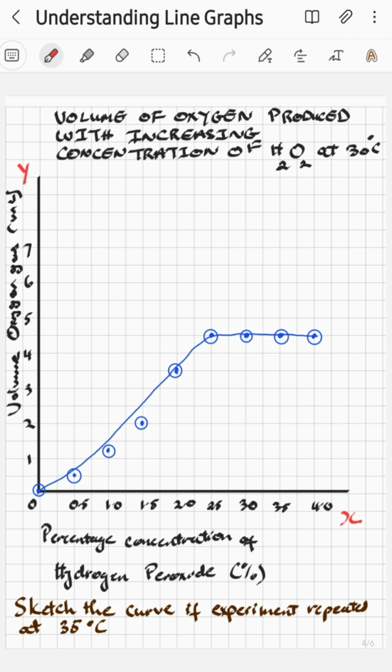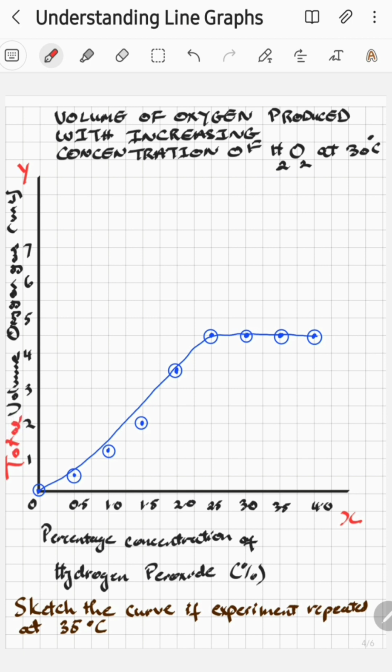And what we're looking at, if we change, this is the independent variable, this is the thing that we're changing. If we change the concentration of the hydrogen peroxide, what effect does that have on the total volume of oxygen gas collected? So this is our total.